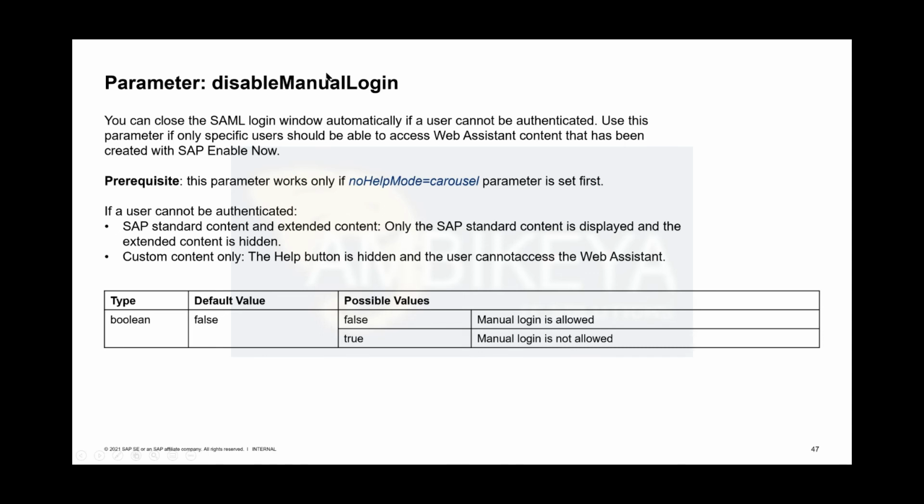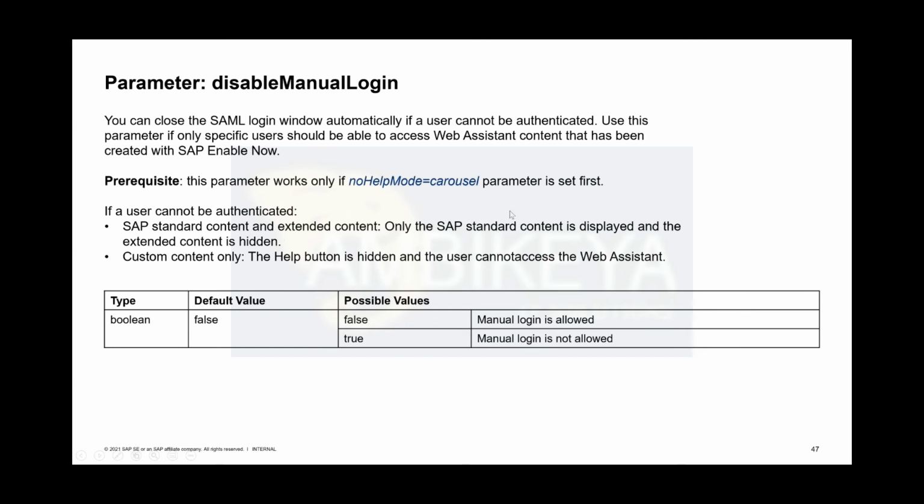But here, if this is set to true, and if SAML authentication won't be possible, the authentication request window, whether it's a form or just a pop-up, will be closed automatically. And then one of the two scenarios at the bottom will happen. If the standard content scenario is configured as extended, it falls back to standard and will not show it.